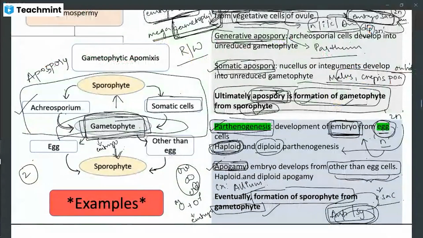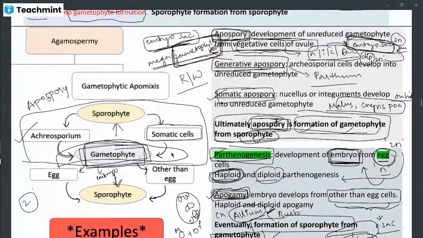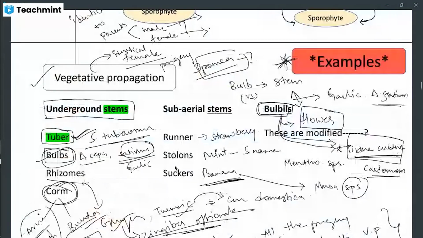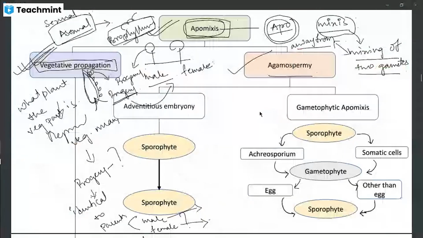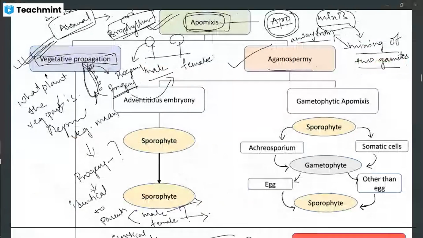Okay, so the most important example for apogamy is Allium. Please do remember this example. It is also an example for your bulb, both in Allium cepa and Allium sativum. So hope you are now clear about apomixis. It is divided into vegetative propagation and agamospermy, and we discussed vegetative propagation along with three different terms and the examples.